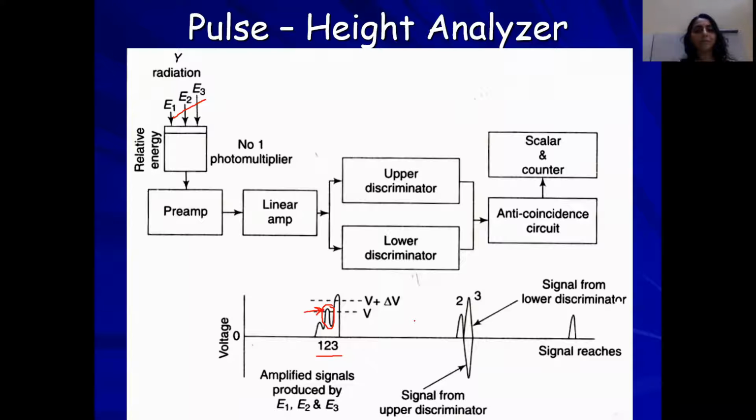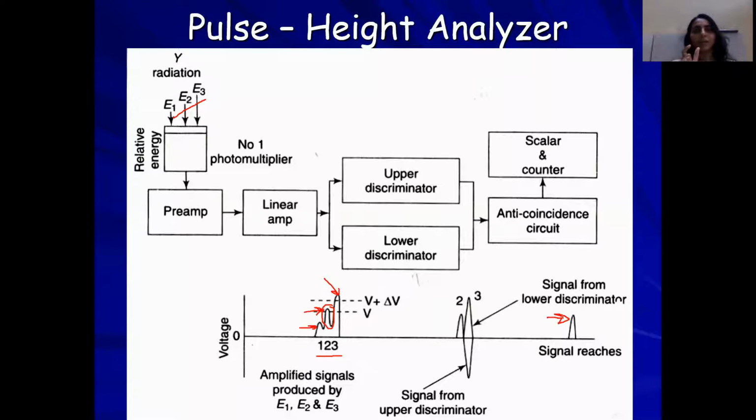When it passes through the discriminators, the lower discriminator eliminates the lower pulse, the upper discriminator eliminates the higher pulse, and what eventually passes out to the scalar or counter is pulse number 2, which is what we want.